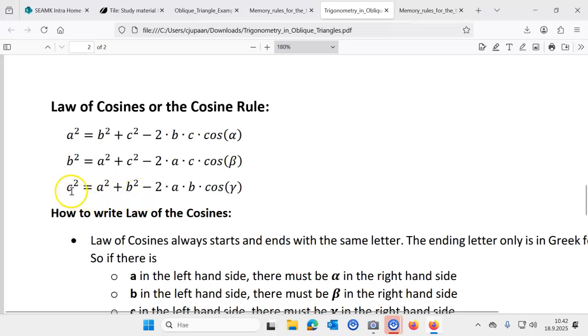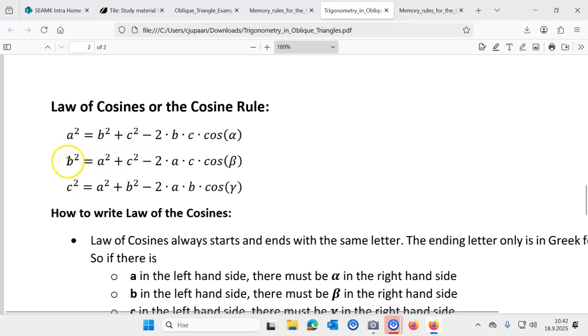So there are all these letters, A, B, C. One of those letters is on the left-hand side, and the other letters are on the right-hand side, and they are squared. So, for example, if we get A squared in the beginning of the formula, then we will have B squared and C squared on the other side of the equation.